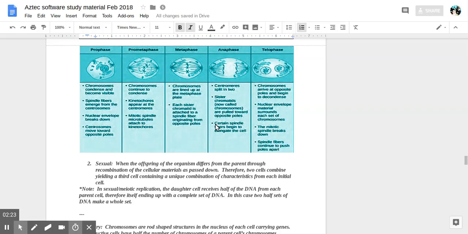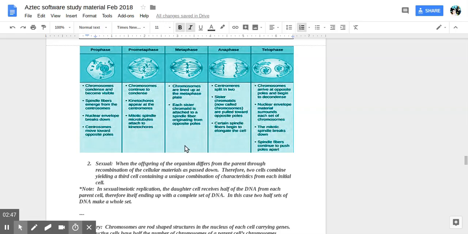Individual chromosomes are pulled apart toward opposite poles. Certain spindle fibers begin to elongate the cell. In the final phase of division, chromosomes arrive at opposite poles. They begin to decondense. The nuclear envelope material surrounds each set of chromosomes.